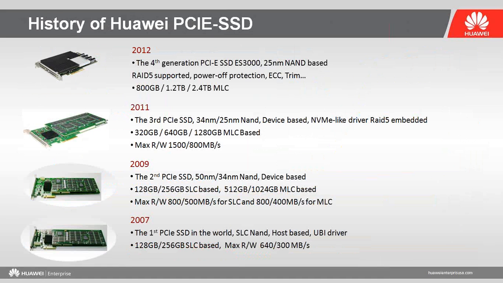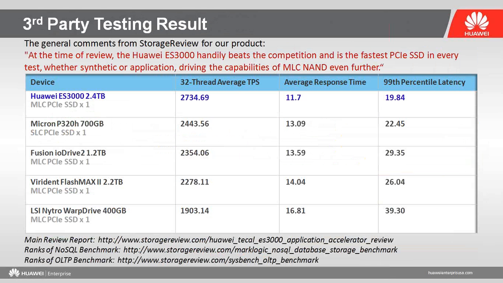Over those years, we've increased capacity, reduced the latency, and moved to multi-level systems, which has given us much higher performing capability as well as increased capacities and a variety of different error correcting mechanisms across the different technologies.